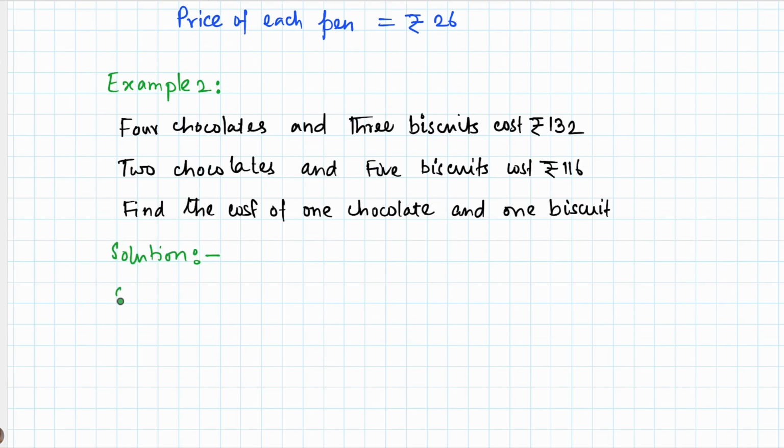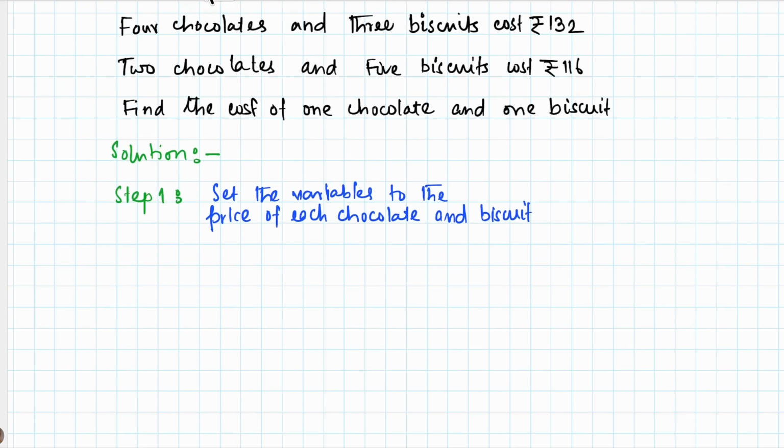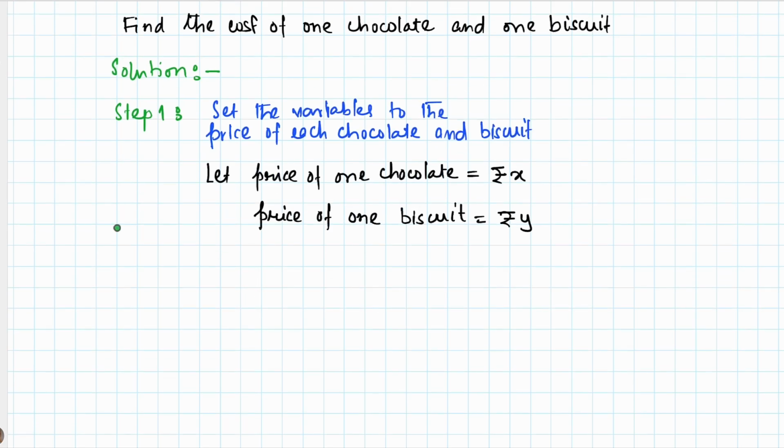Solution, again we'll follow the same 5 steps. Step 1, we'll set the variable to the price of each chocolate and each biscuit. So let price of 1 chocolate be rupees x, and price of 1 biscuit be rupees y.